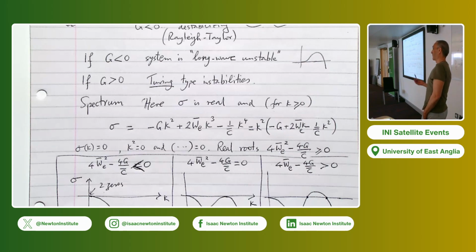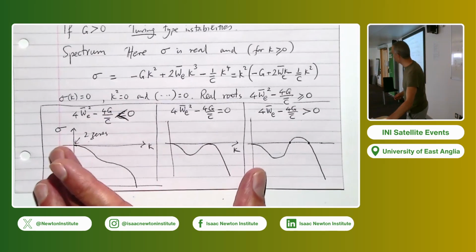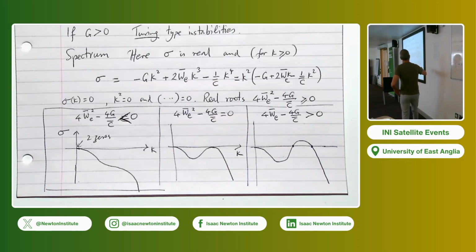This was first seen by Alan Turing in describing pattern formation. And these are kind of monochromatic instabilities. So what do I mean by that? So now let's do G greater than 0. So the fluid is above and gravity is stabilizing. And I can write down the dispersion relation as before.